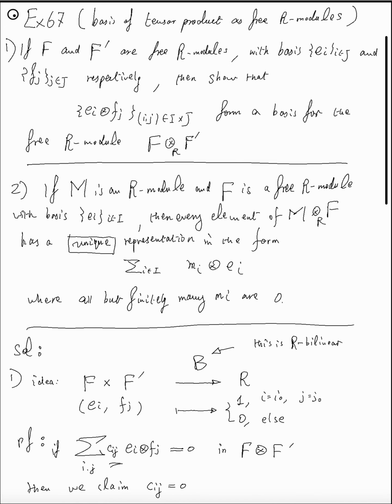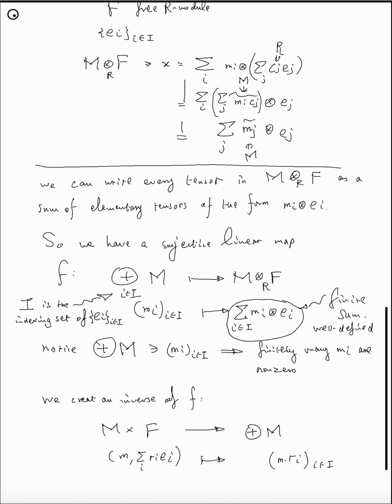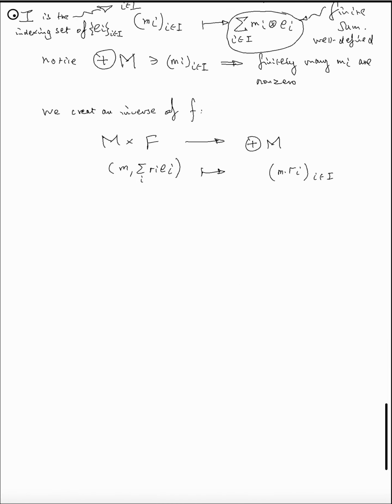So let's recall our goal is to prove this. And so this is bilinear. Let's just call this G, let's call this G tilde.